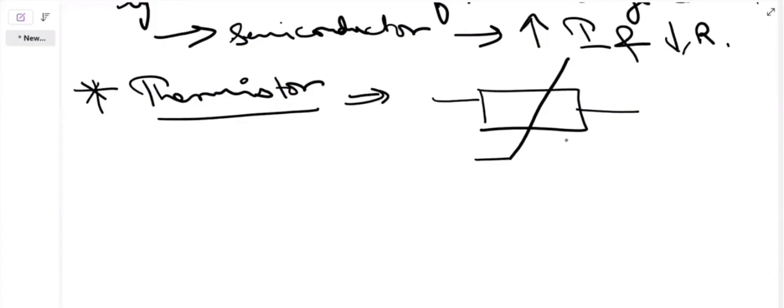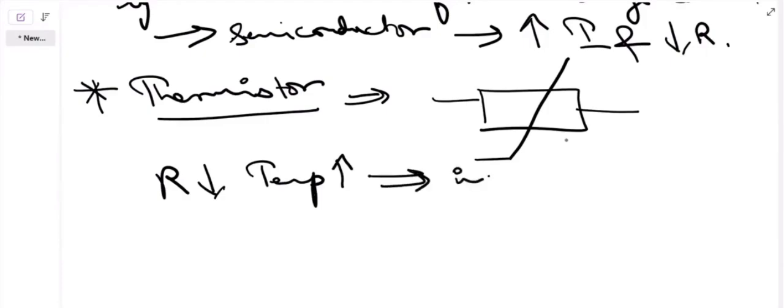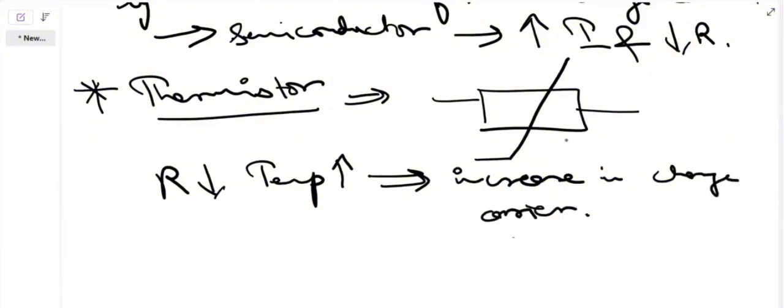Unlike the conductors, whose resistance increases with temperature due to increased lattice vibration, the resistance of the semiconductor decreases as the temperature increases. This is due to the increase in charge carriers. Understood? Yes, ma'am. Okay, so this is the particular topic.